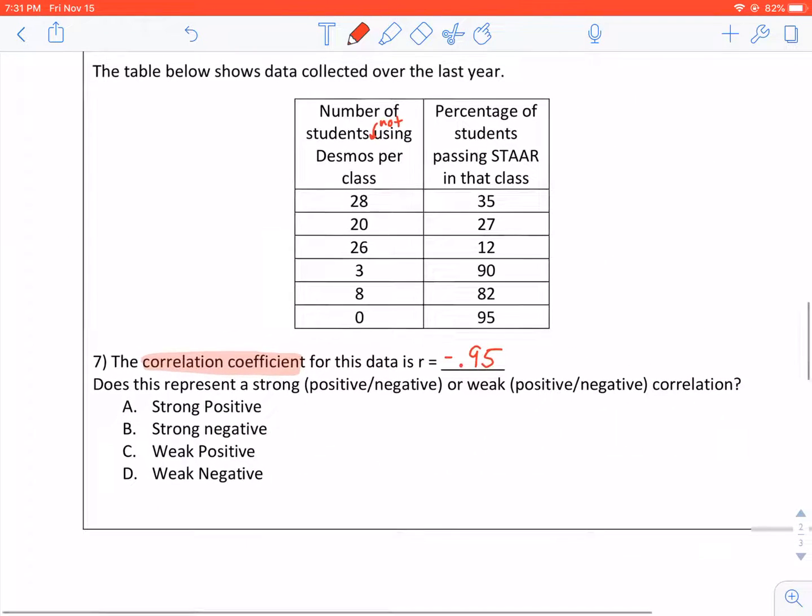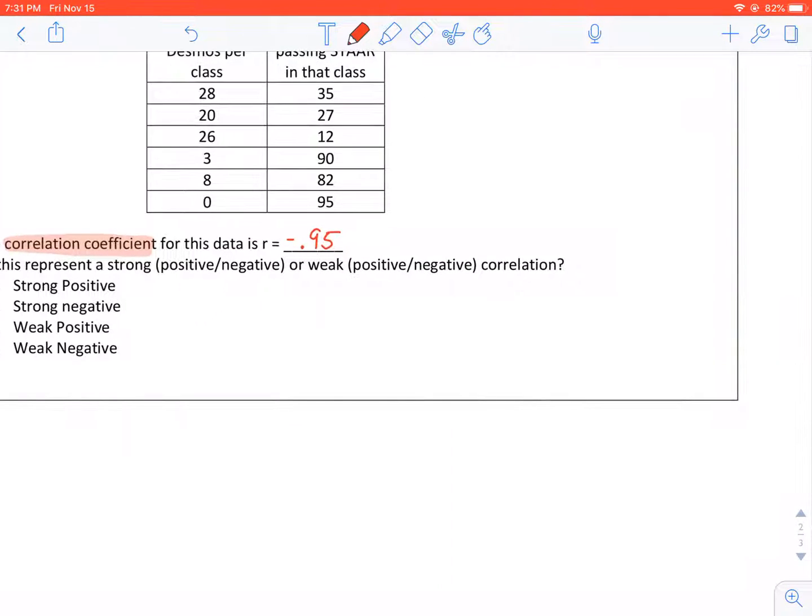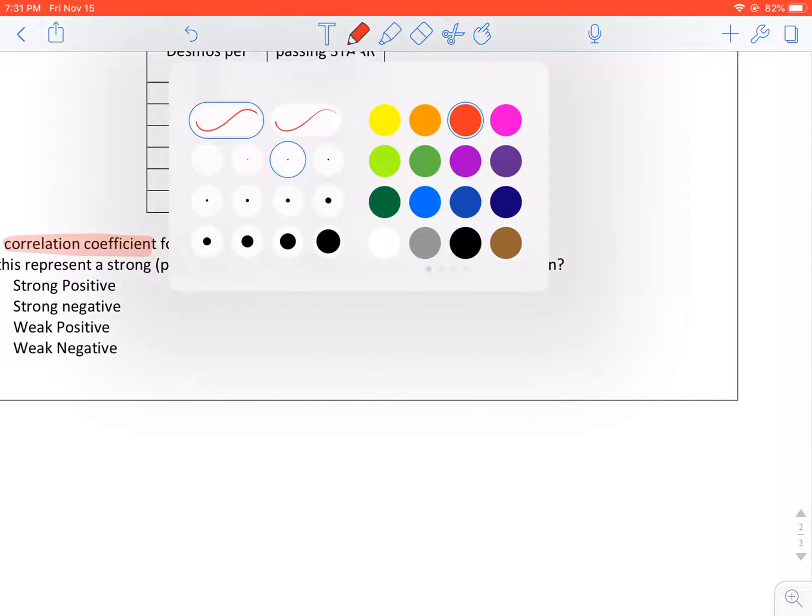So does this represent a strong positive, strong negative, weak positive, or weak negative correlation? That's something we can work out.